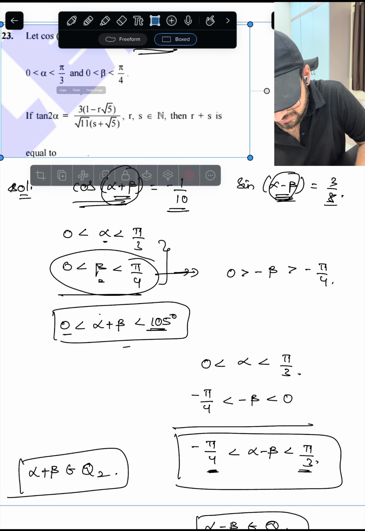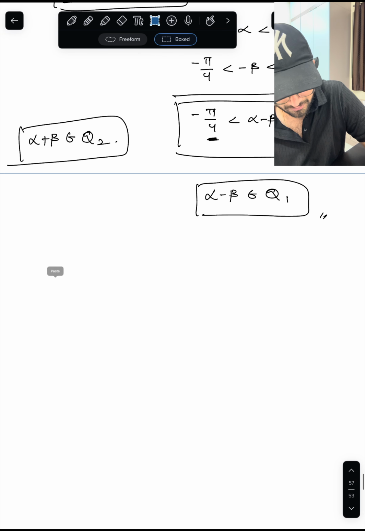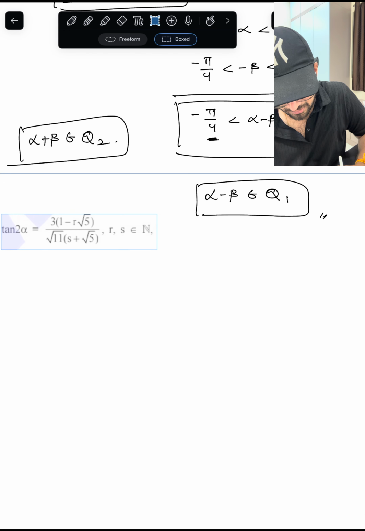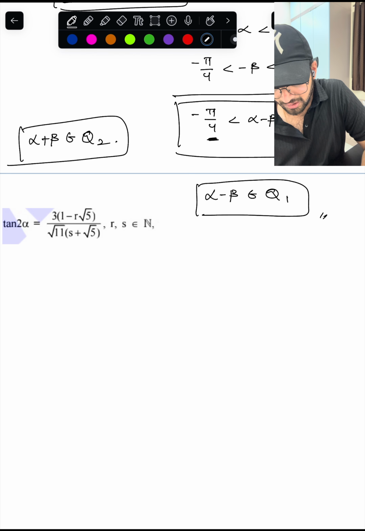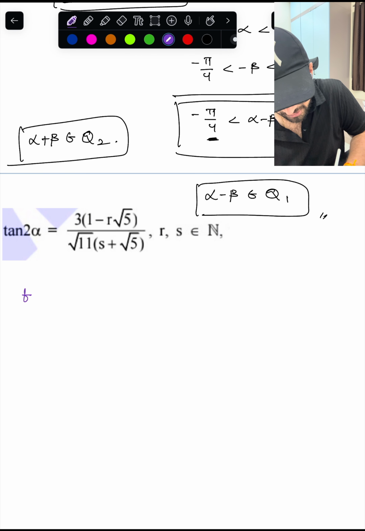So what is given? So tan 2 alpha is this one. I'm taking this one. So tan 2 alpha we need to evaluate, right? How can we evaluate? So I'm writing tan 2 alpha as tan of alpha plus beta plus alpha minus beta.